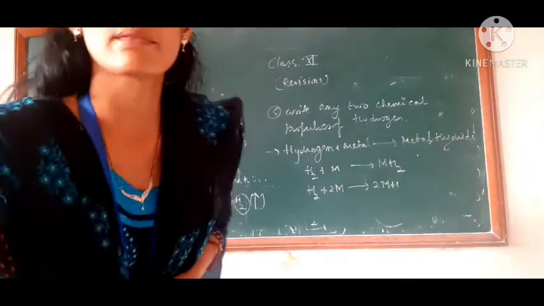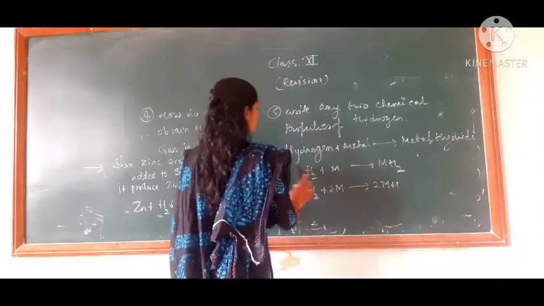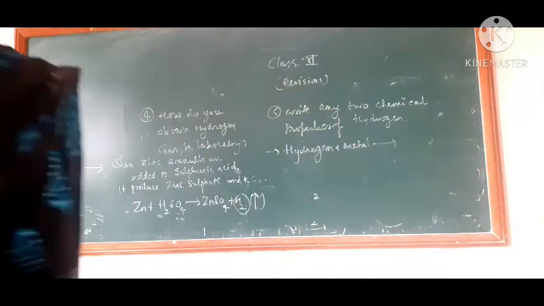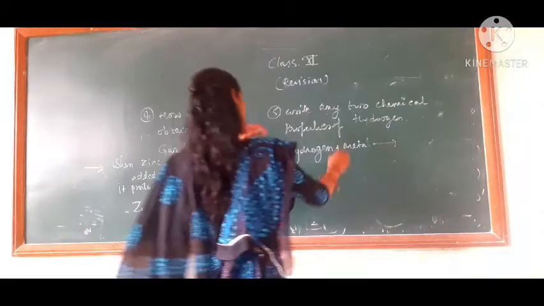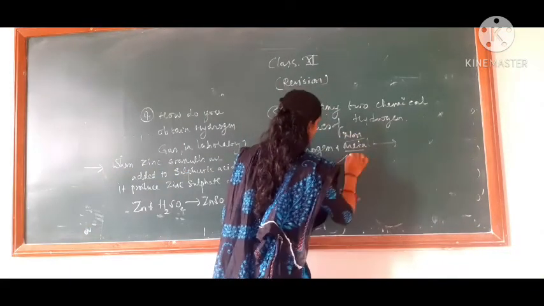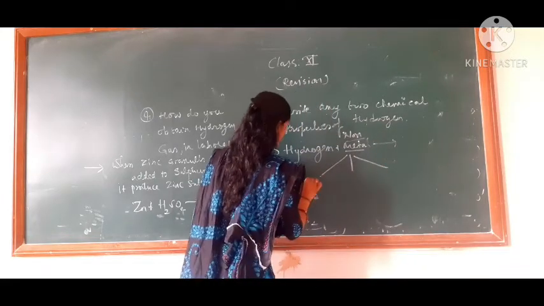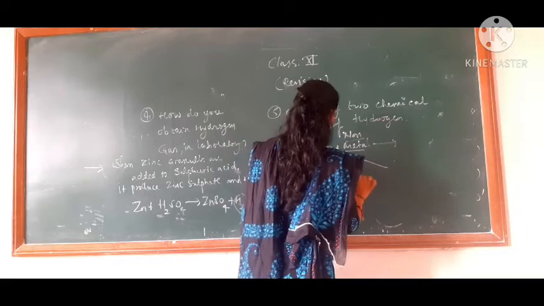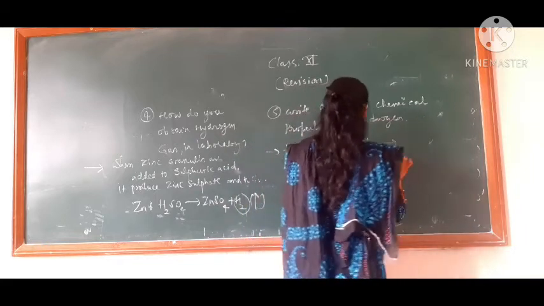Now non-metal when we have talked about, so hydrogen plus non-metal. Now we are writing for three: oxygen, nitrogen and halogen.